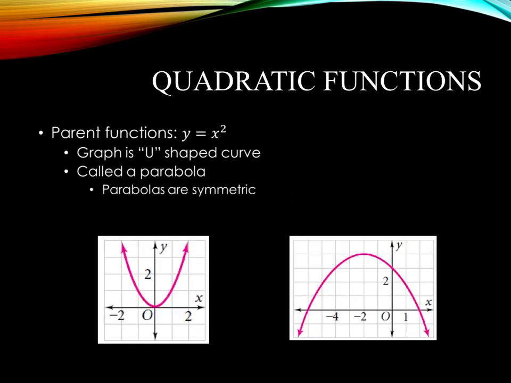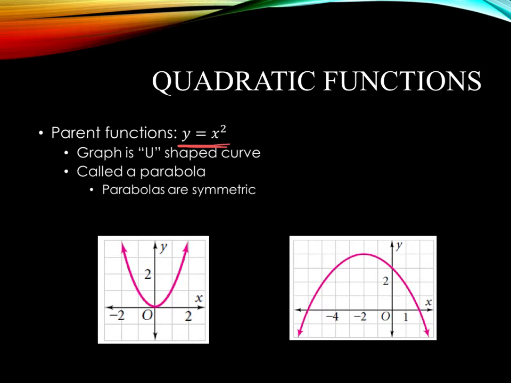When you look at the graph of a quadratic function, we say that y equals x squared is what we call a parent function. That means every graph is going to have a similar characteristic of y equals x squared. It might be wider, narrower, shifted left, right, up, down, and so on, but it's still going to have the same shape.